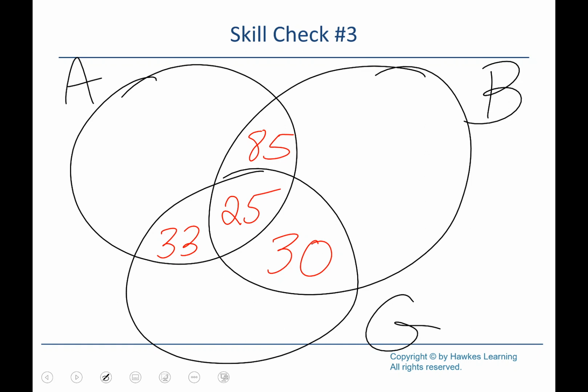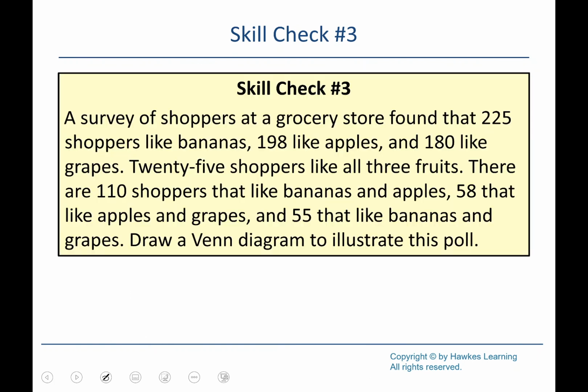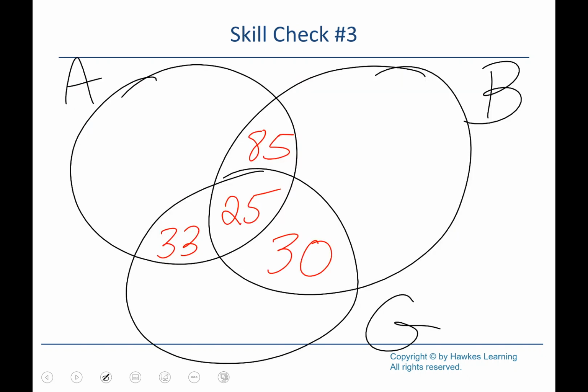We work our way out. Okay, so we're looking for the total apples, total bananas, total grapes, and then we could subtract. Okay, so we go back to the beginning of the problem. It says 225 shoppers like bananas, so that's total. So we can do 225 minus, what else do we have to subtract? We're doing bananas, so we got to subtract.